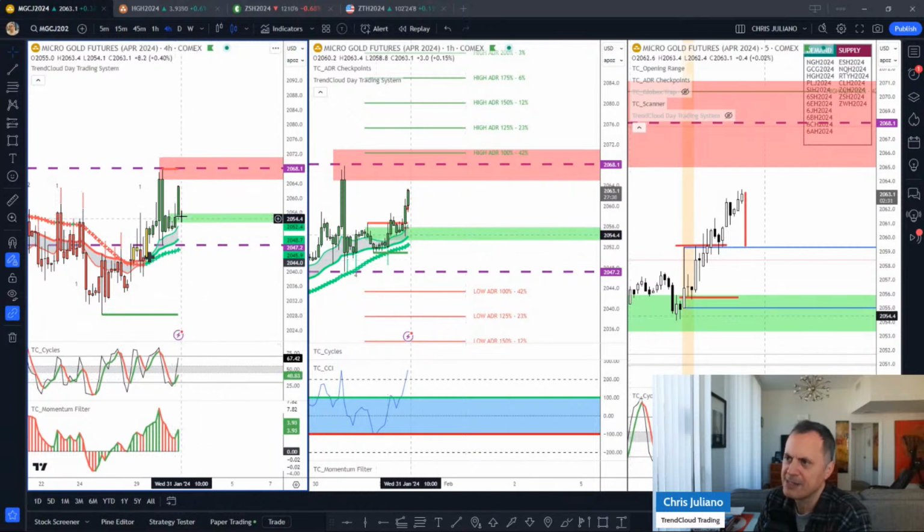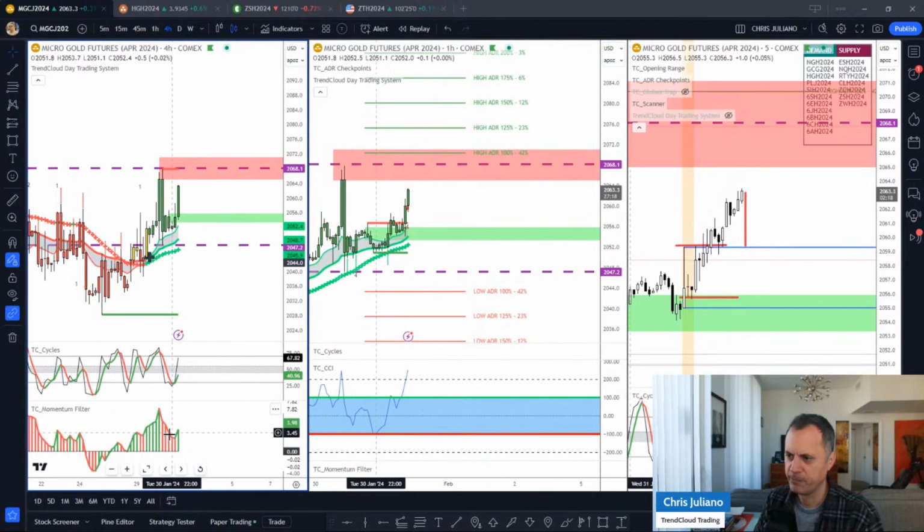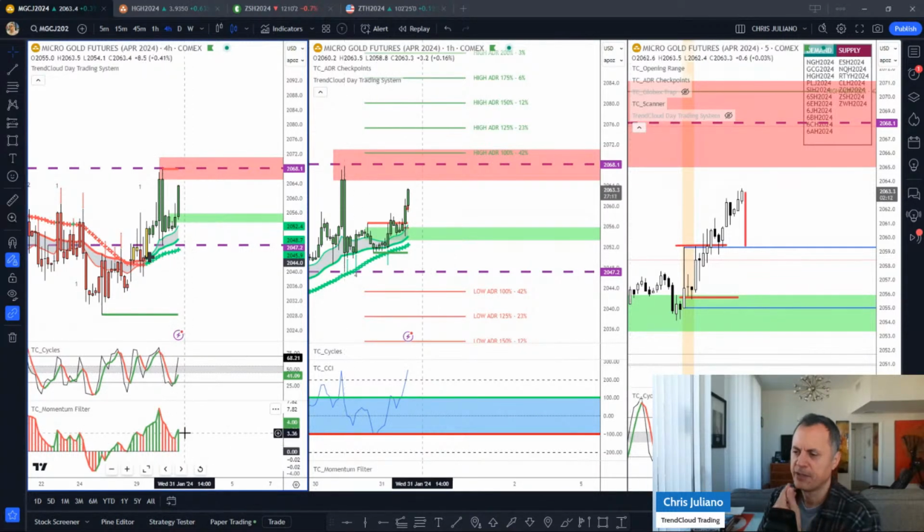So we are in the middle of this impulse move to the upside, and look at how sharp the slope is on that momentum filter. That is also something that you can look for, a very sharp upward movement on the momentum filter. And look at the strength.